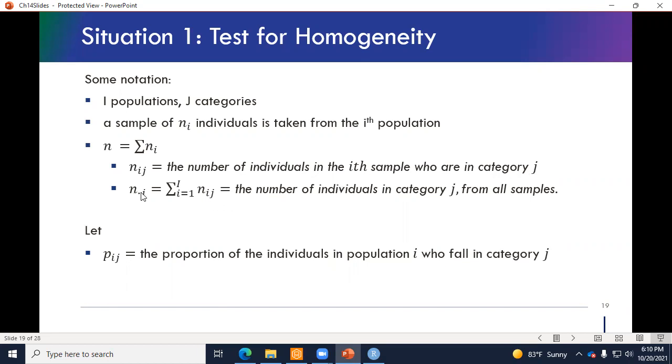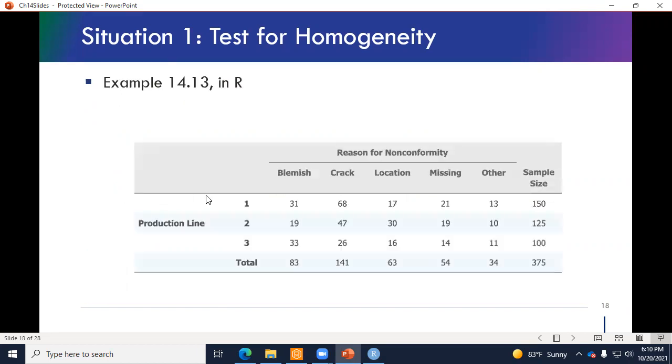We use n dot j to denote the sum over i. So n dot 1 is for j equal to 1, then j equal to 2, 3, 4, 5.